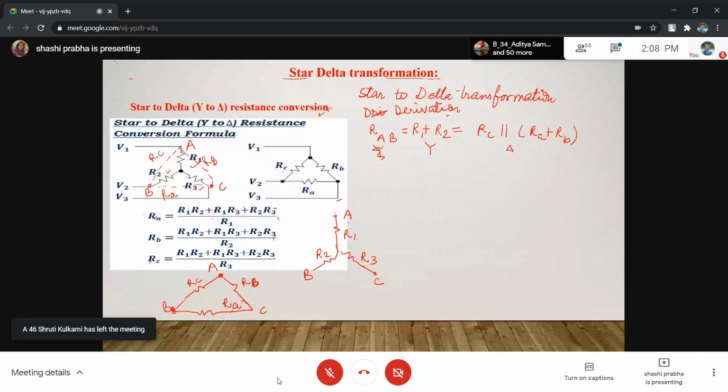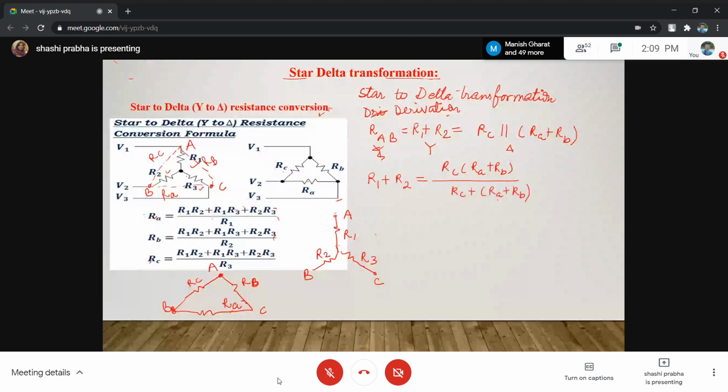Or we can set one equation as R1 plus R2 is equal to these two in parallel. So this is RC times (RA plus RB) divided by (RC plus RA plus RB). This is when you take a star, and this is when you take the delta. This is the resistance between A and B.